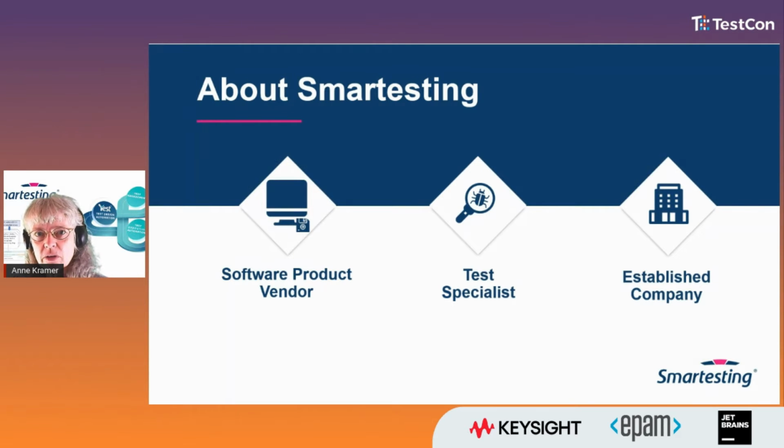All the tools Smart Testing develops are intended to make your testing smarter, smarter meaning more efficient, so that you better catch bugs, but also easier to do, less painful and nicer.